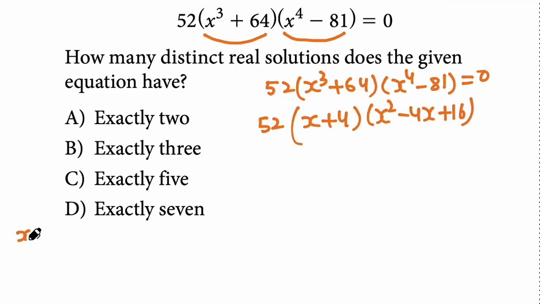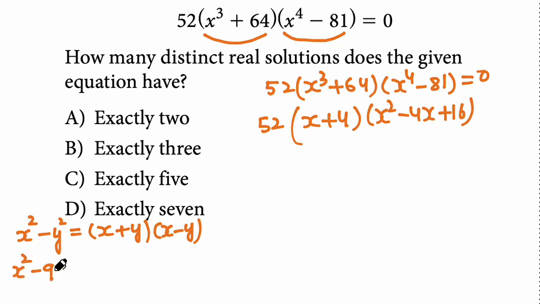So for that we are going to use the identity because there is a negative sign in between. x squared minus y squared is equal to x plus y times x minus y. Now this 81 is a square of 9. So I'll write it as x squared minus 9 squared is equal to x squared plus 9 and x squared minus 9.